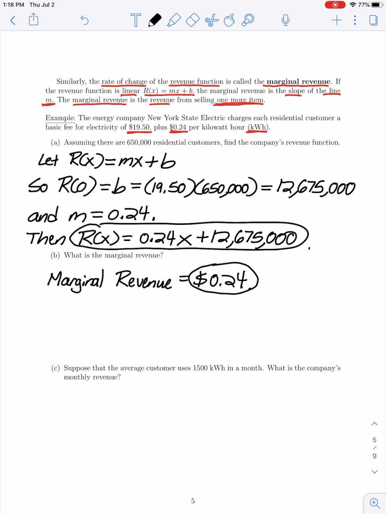Now in part C, we're told to suppose that the average customer uses 1,500 kilowatt hours a month. So what would be the company's total revenue? All right.